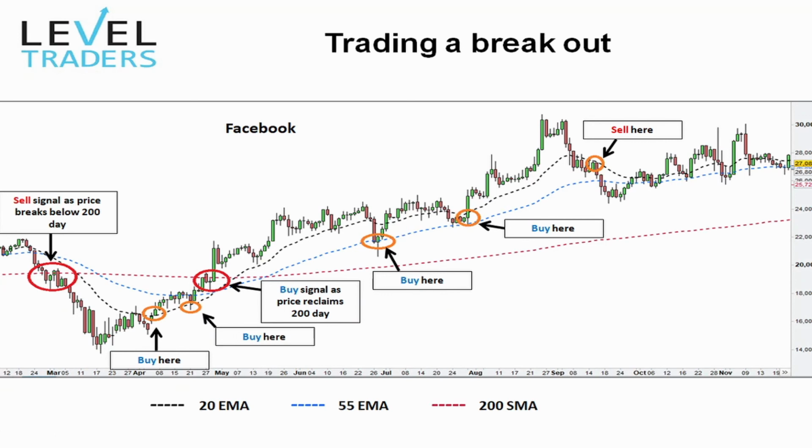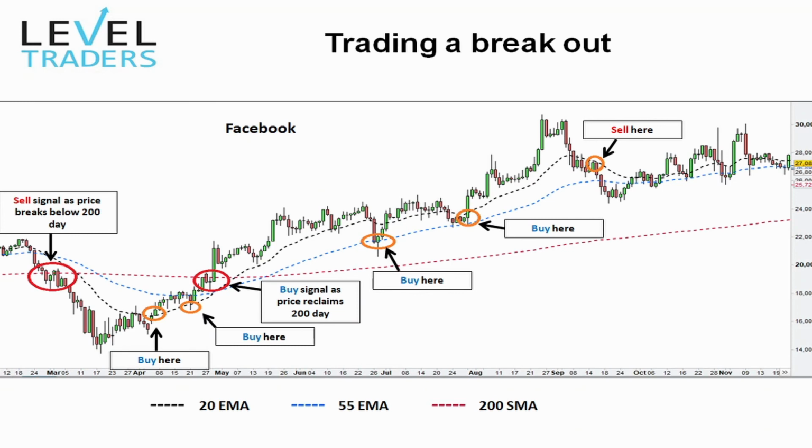What it shows is a sell signal where the price has broken below the 200 day, so just around March, and then it's reclaiming the 200 day just before May. So that would be your buy signal to re-enter Facebook. So you could simply do nothing else but use the 200 day, and you can see there's a strategy there. That's probably more for medium to longer term traders.